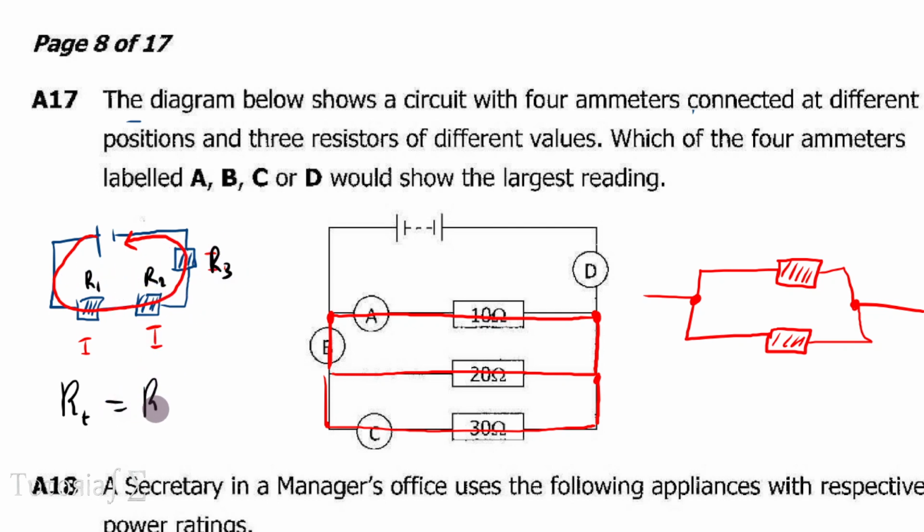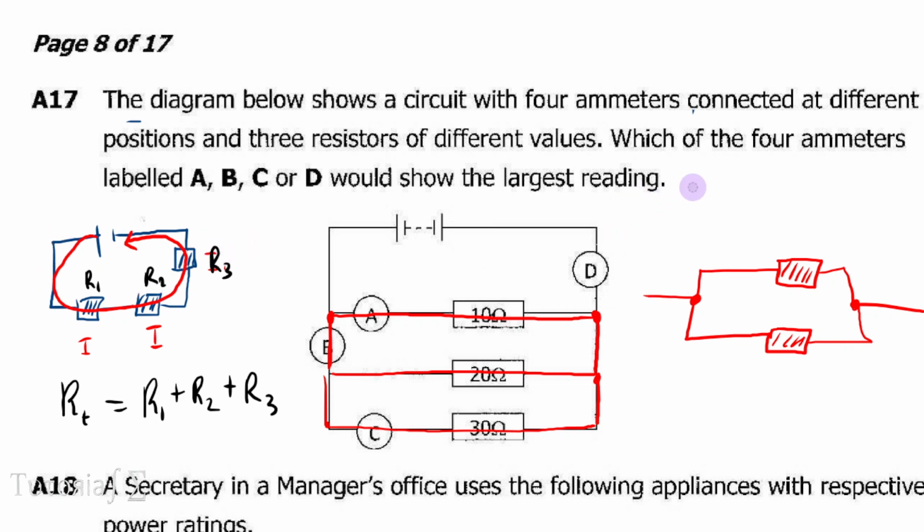So R total equals resistor 1 plus resistor 2 plus resistor 3. This is for series. We're just summing the resistances, because the voltage will face a different resistance here, a different resistance here, and a different resistance there.